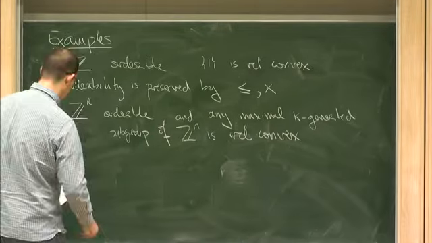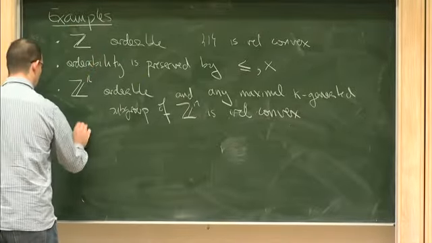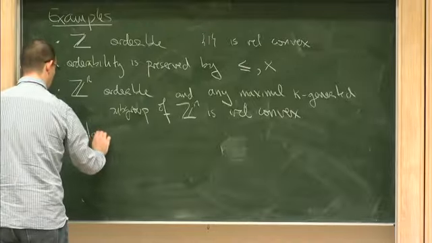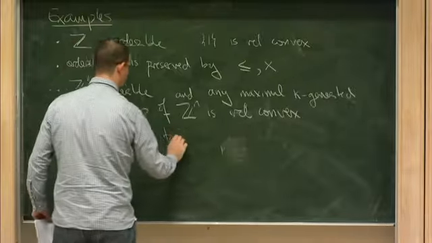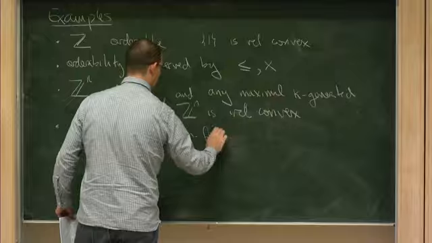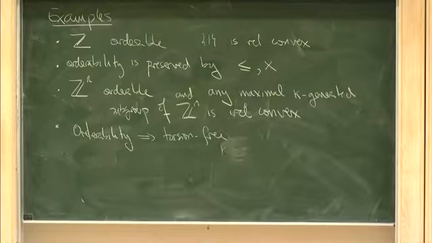And I guess probably you all know this thing, that orderability implies torsion free. So this gives you a bunch of examples of groups that are non-left orderable.